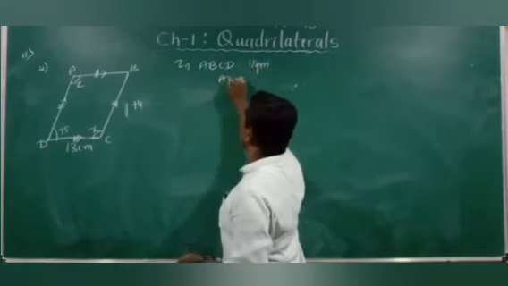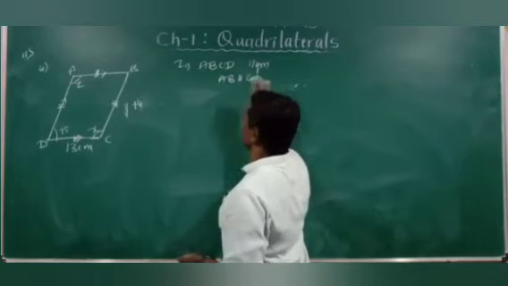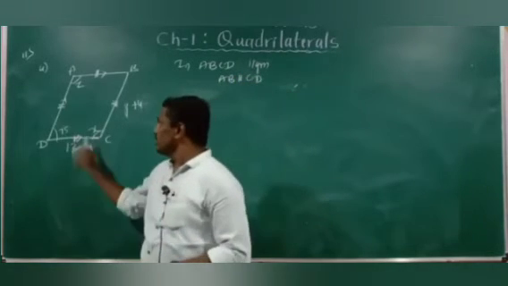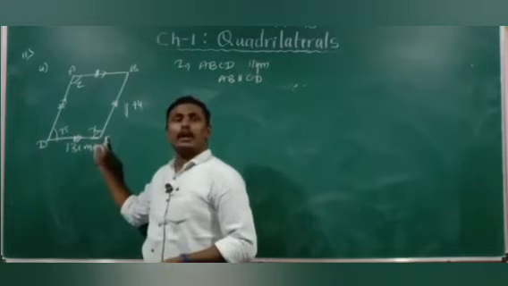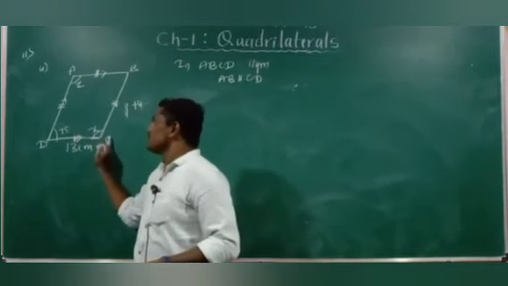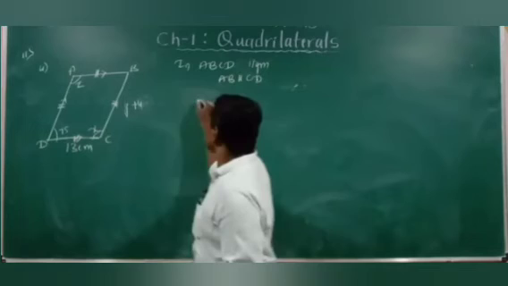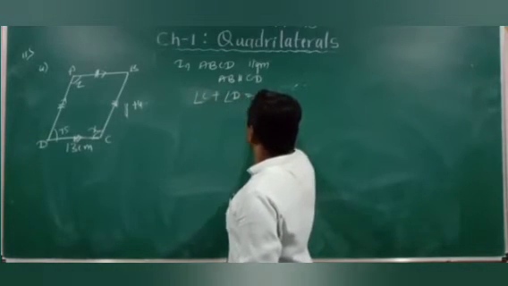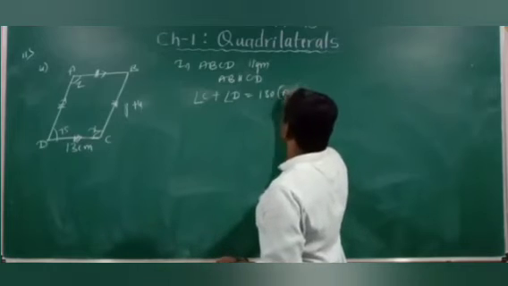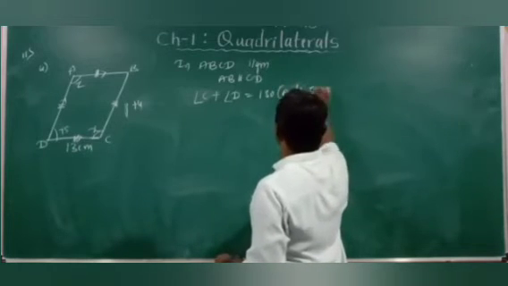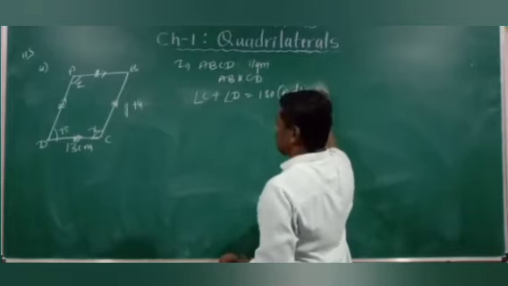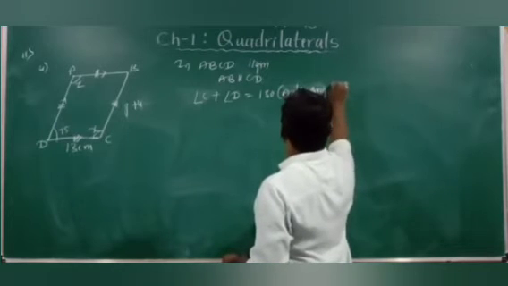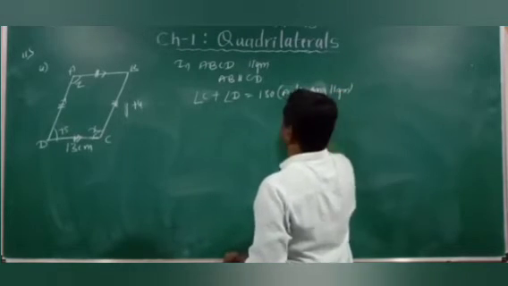In that AB is parallel to CD or DC, right? So D and C are the adjacent angles of the parallelogram. C plus D is equal to 180 degree because these two are the adjacent angles of parallelogram.